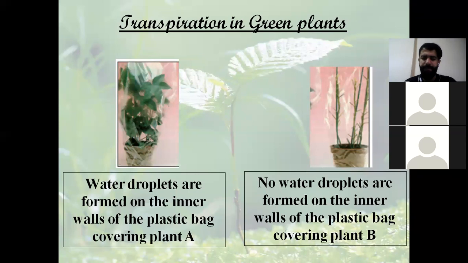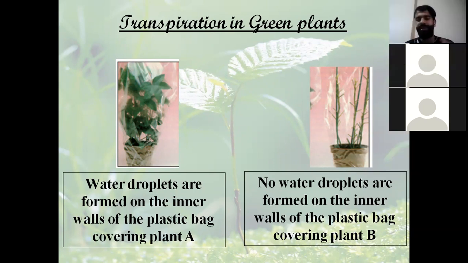Water droplets? Leaves? Water vapor? So what is your answer? Leaves, yes. So the variable factor, Muhammad, is the difference between the two tubes.